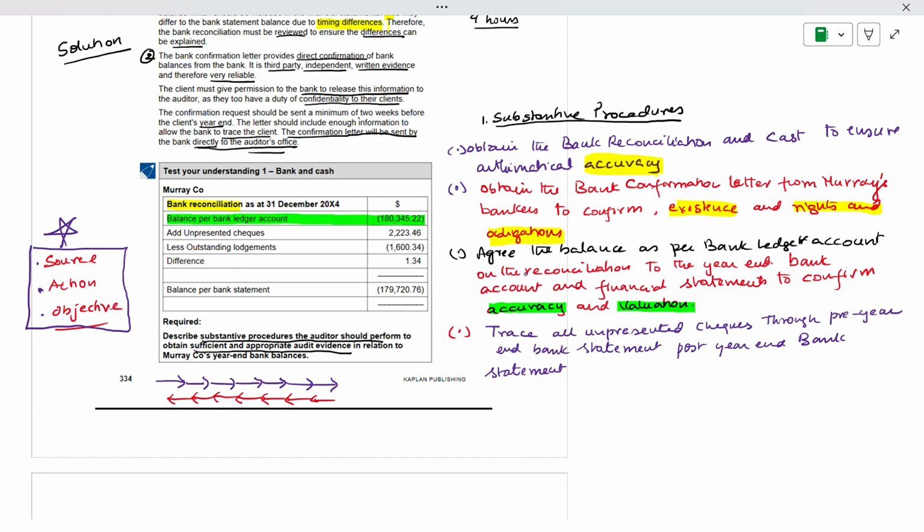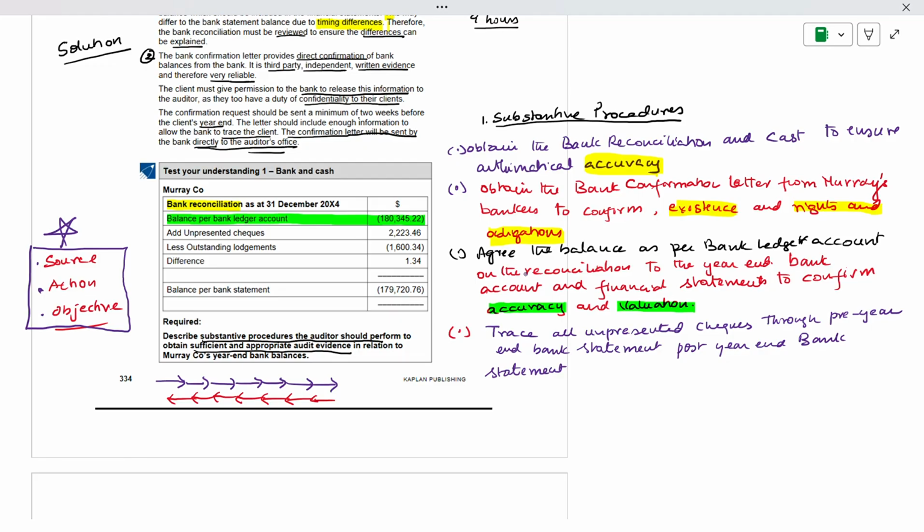Wherever you have unpresented checks, you will write in the book. It is not like you just have the checks. When you are giving the checks to the person who is going to deposit in the bank, you will document that: these checks have been given, this amount, on this date.